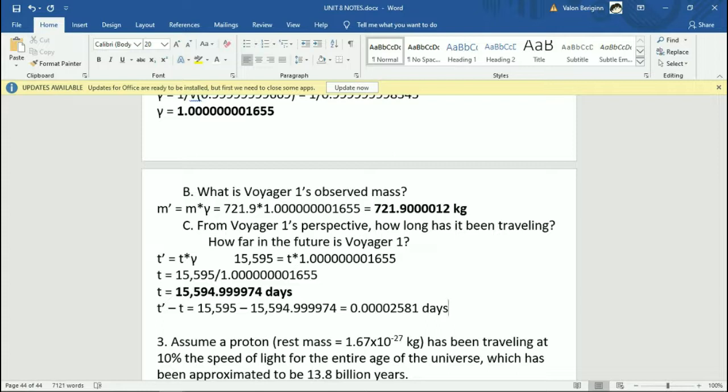So in other words, Voyager 1 has actually time traveled into the future by that much of a day.